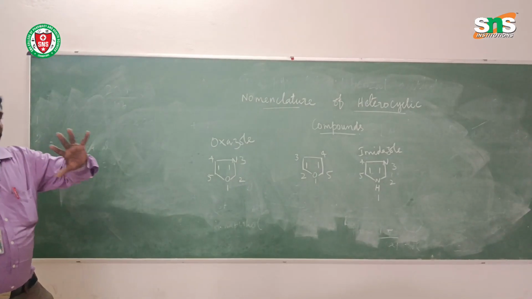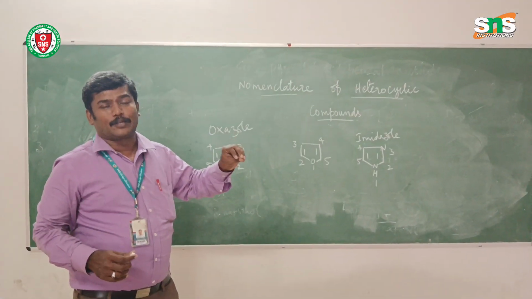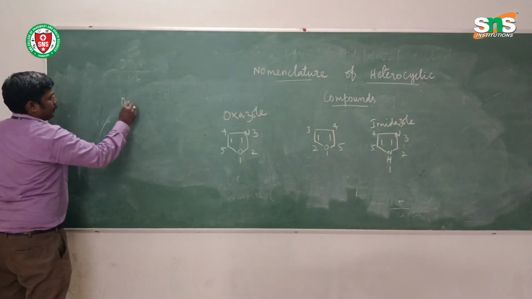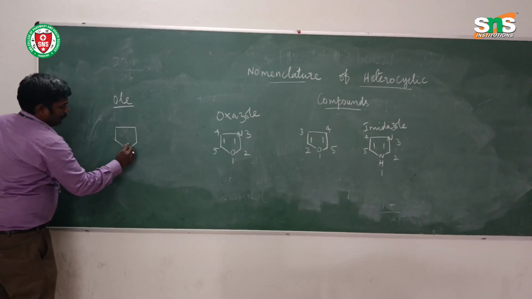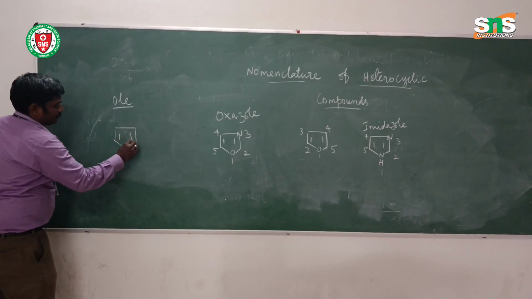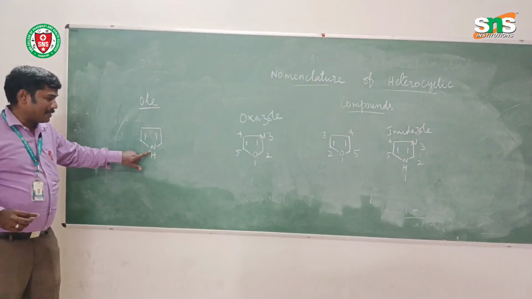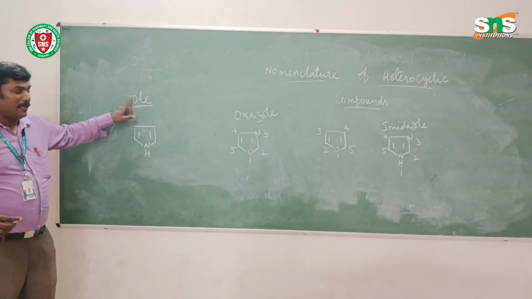Then, if a 5-member ring contains a heteroatom, then it will end with the suffix OLE. For example, if you see the structure of pyrrole, here it has a 5-member ring, and nitrogen is present. So if nitrogen is present, this suffix will be there.